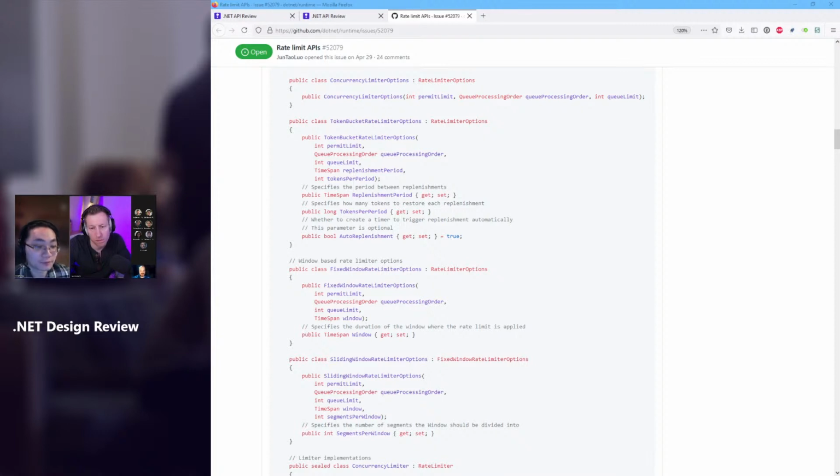Is the queue limit a hard limit that never grows, or what? So essentially, you can queue requests up to the queue limit, and when replenishment occurs, if there are requests that are queued, then we will process them in either FIFO or LIFO order, depending on what you configured, and try to satisfy those requests when replenishment occurs.